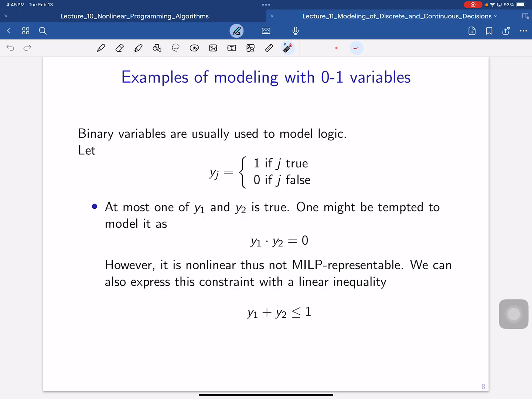And you may argue that you may want to use an integer variable to represent a given quantity that's an integer, right? For example, in the diet problem, you may want to use an integer variable to represent the number of eggs you eat per day, right? But those applications are not the main application of integer programming.